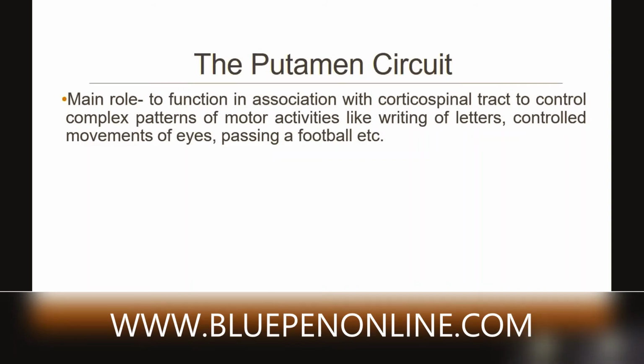Such activities happen through the putamen circuit in association with the corticospinal tract, the pyramidal tract. So it involves learned patterns, and I'll show you the circuit in the next slide, how it goes on.